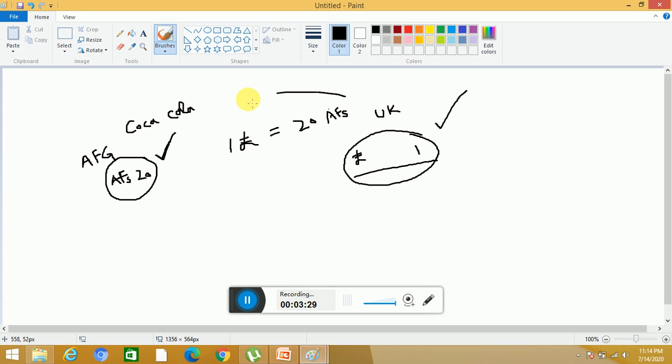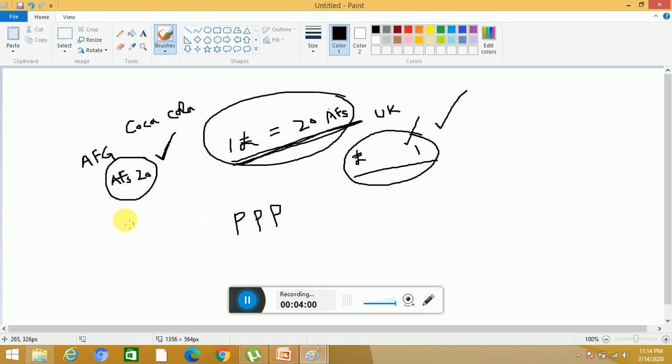Now if we consider the exchange rate, then we will see that their prices are the same. See, 20 Afghanis and here it is £1. So £1 is equal to 20 Afghanis. So this means that their prices are the same. And this situation is called purchasing power parity.